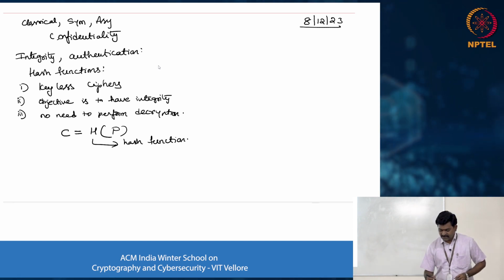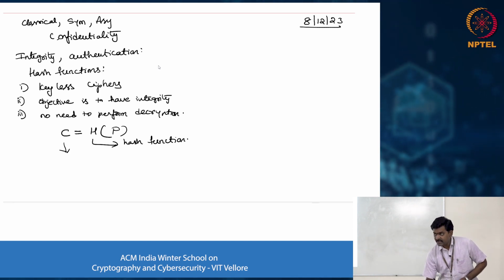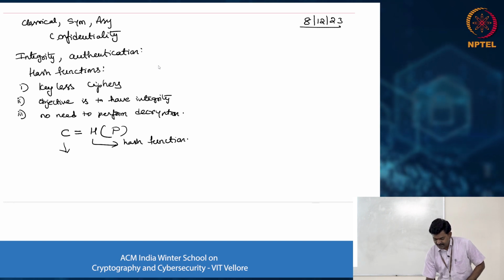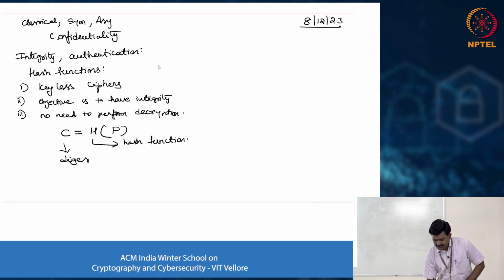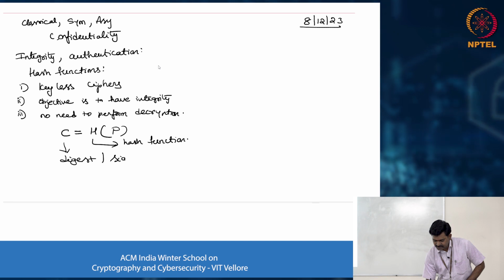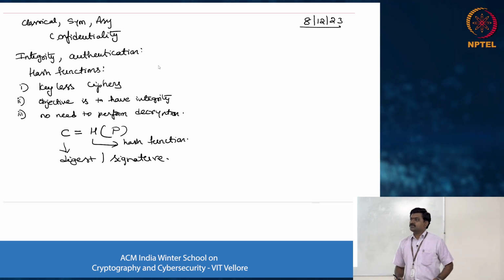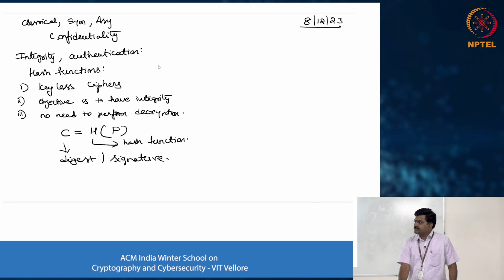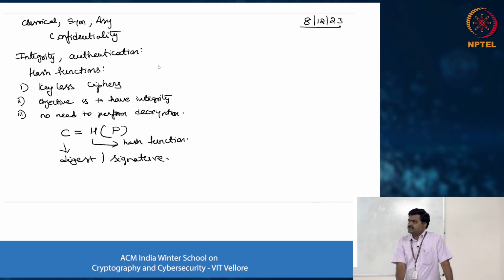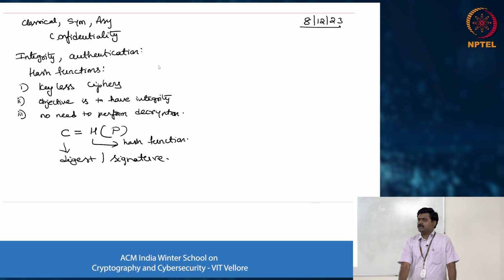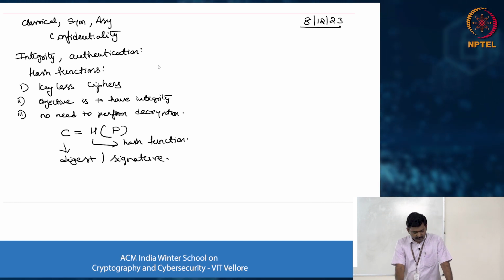This particular output is not actually ciphertext, rather it is the message digest or signature. So what is the output of the hash? The output of the hash is the digest or the signature.